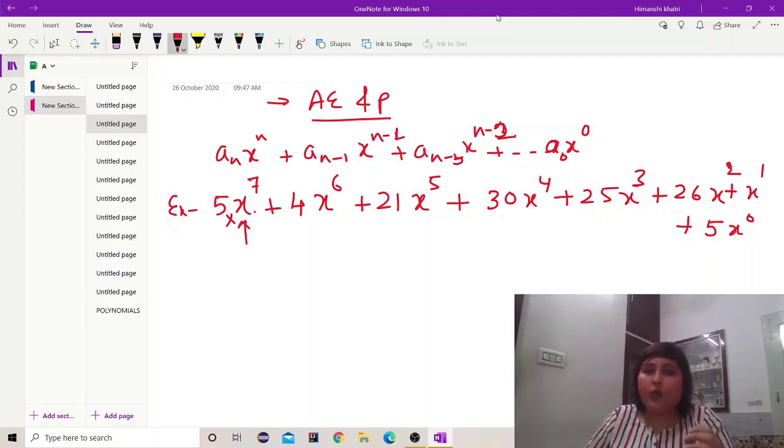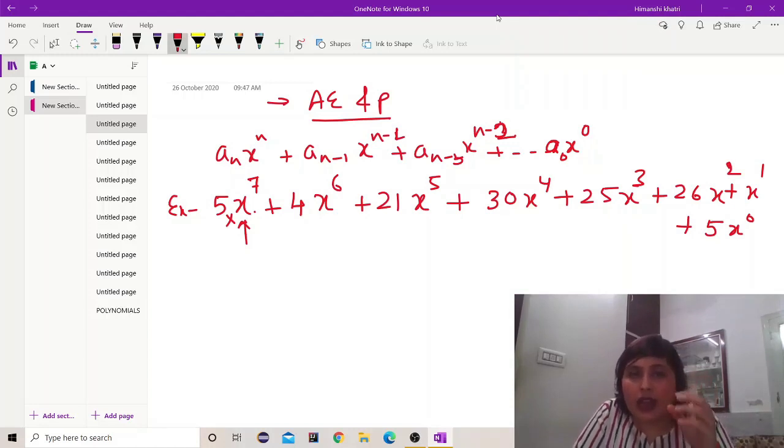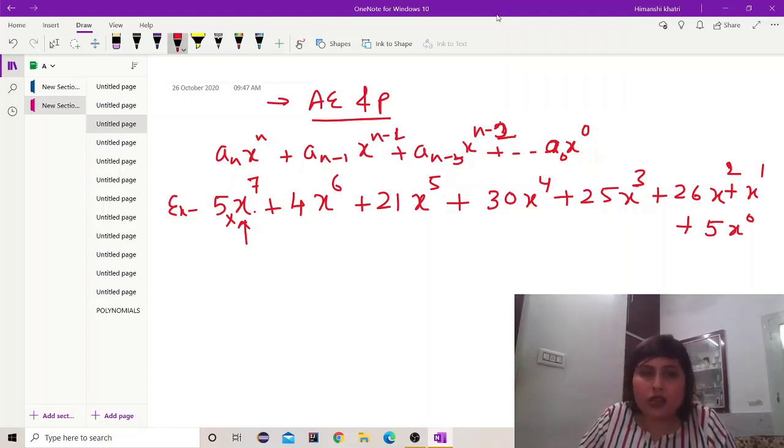Okay. Now what else do we have to know about it? What is the difference between algebraic expression and polynomial? Okay, now see here, x to the power 7, x to the power 6. In an algebraic expression, any variable can take any power.